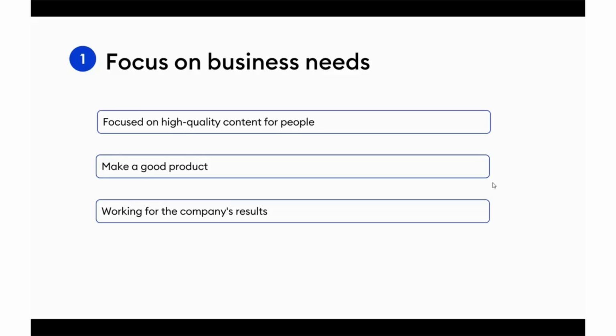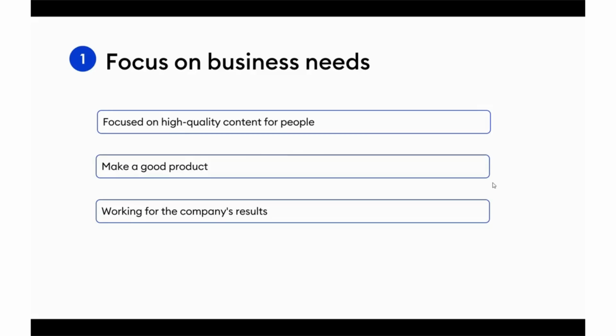So what do you need to do in this situation? You still need to think about business needs, because if there's a conflict between two experts, sometimes we start to think about our career and with whom we need to talk more.